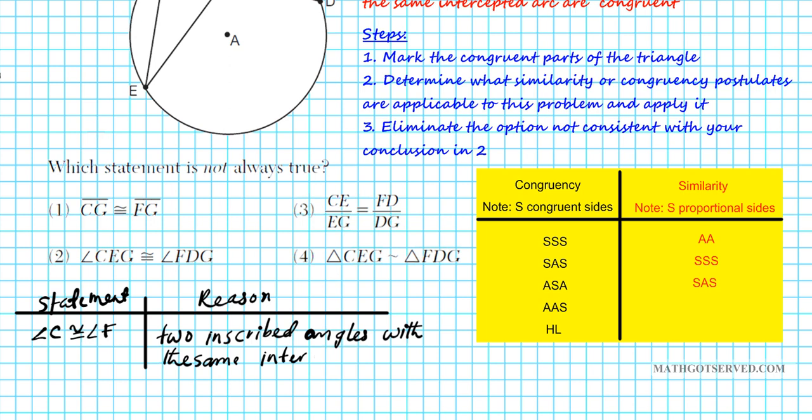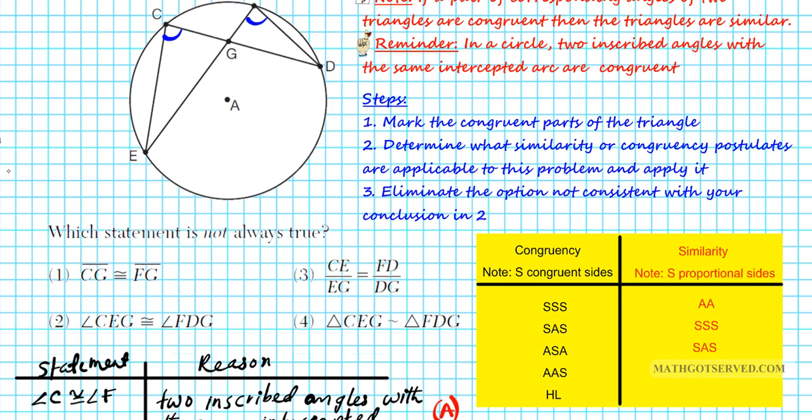Inscribed angles with the same intercepted arcs are congruent. All right, so this is A. What does this A mean? Well, this A means that we have 2 congruent angles. So we're looking at either ASA, AAS, AA or SAS.